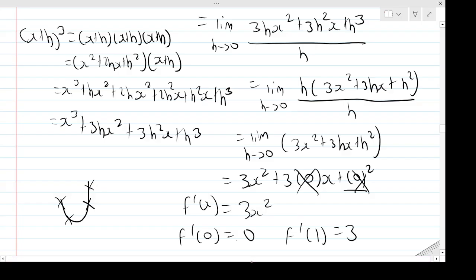And you notice I can just plug in many values of x to quickly tell me the exact gradient at that point. So it's a very superior method to just using tangents, okay? Cool. And so therefore it's a gradient function, because now the gradient is a function of x. So I can substitute values of x to get the gradient at that point.